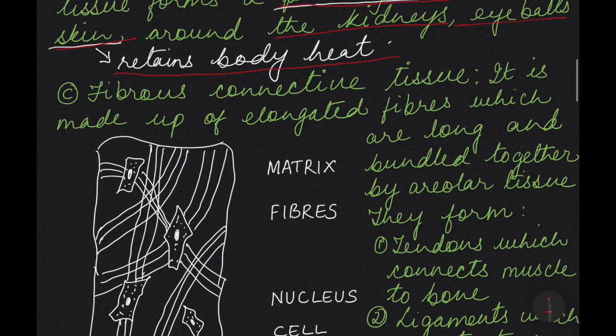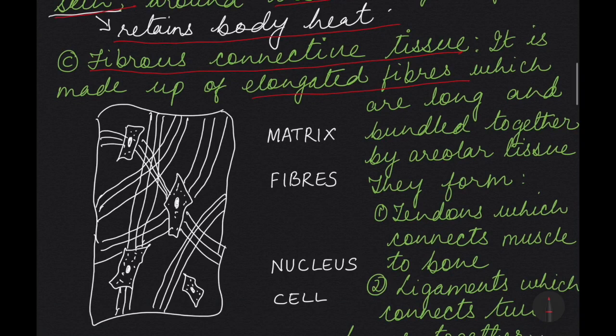Now, coming to fibrous connective tissue, it is made up of elongated fibers, which are long and bundled together. You can see here, these are the elongated fibers, in bundles, and they are bundled together by areolar tissue.